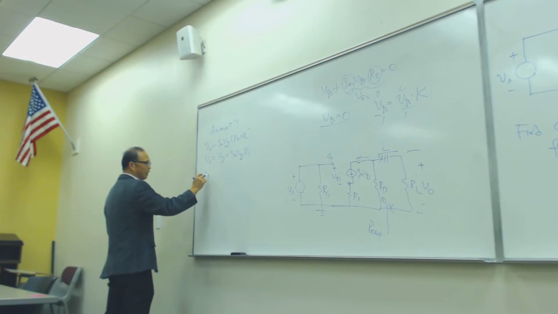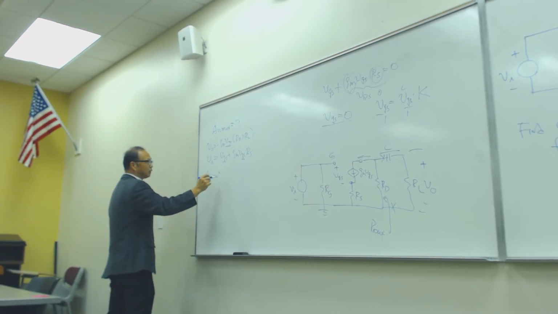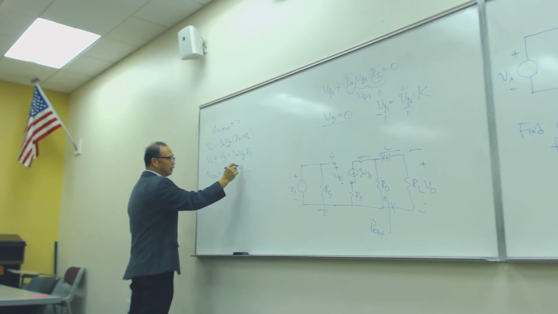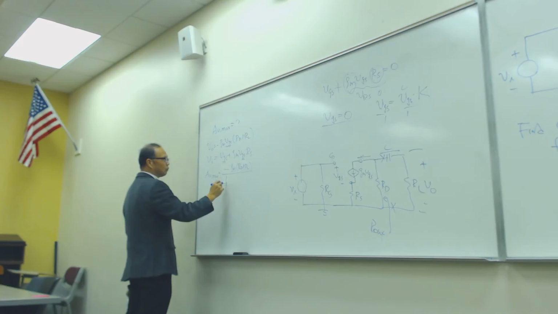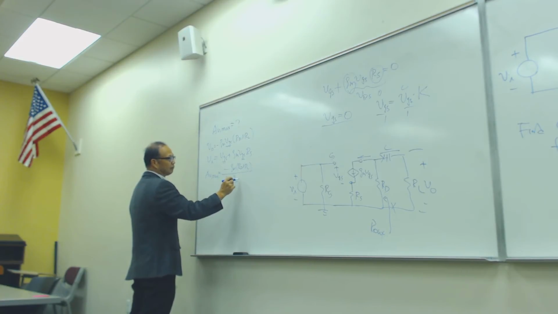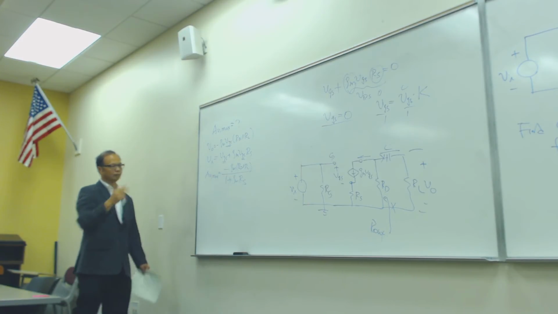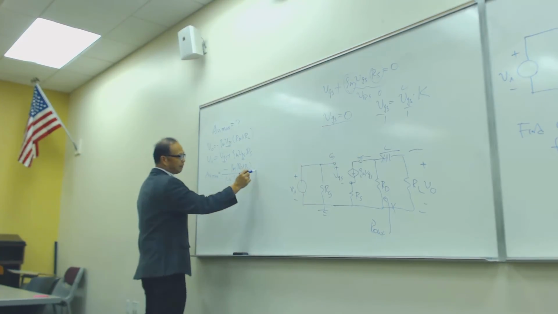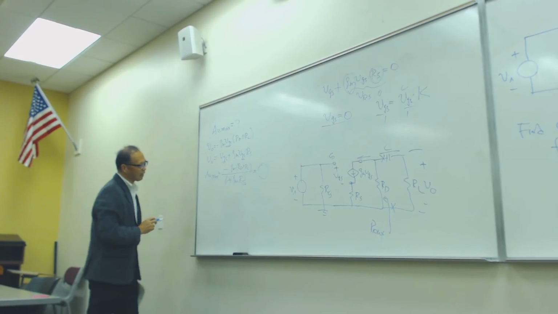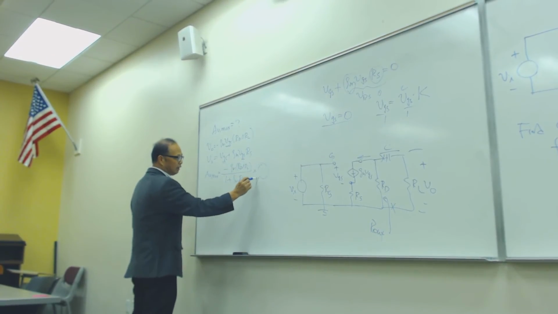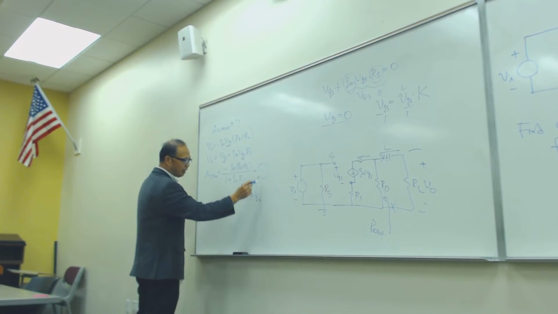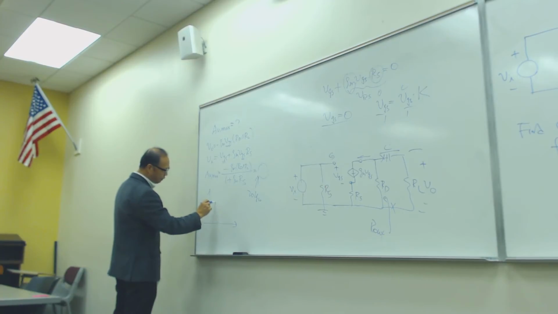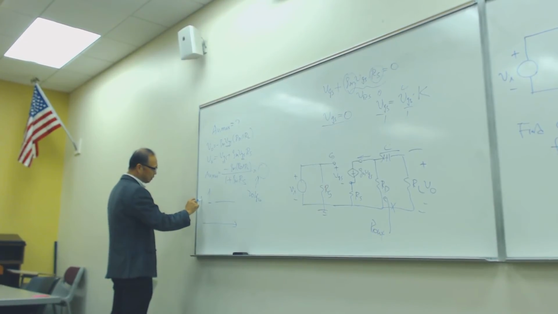So I can find A sub V max by dividing the two: minus g sub m R sub D in parallel with R sub L, over 1 plus g sub m R sub S. That's it. So you get a value. I don't know what the value is, and then you take 20 log 10 of the value. Then you can put that value here. So that's the A sub V max.